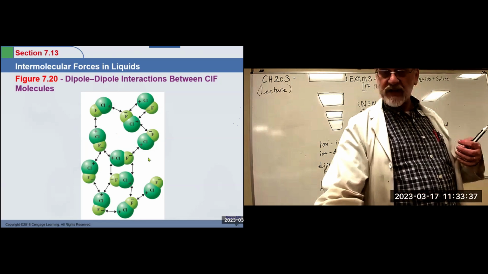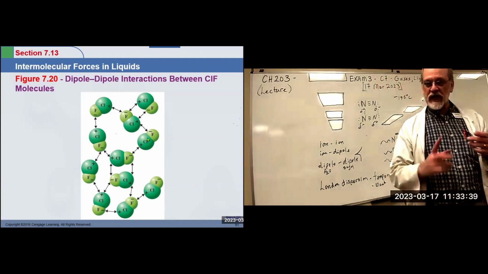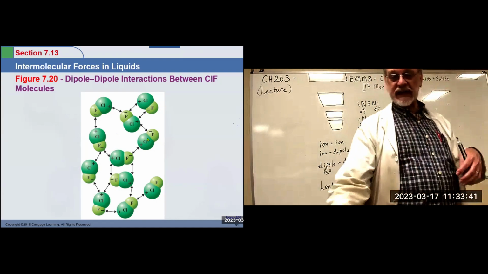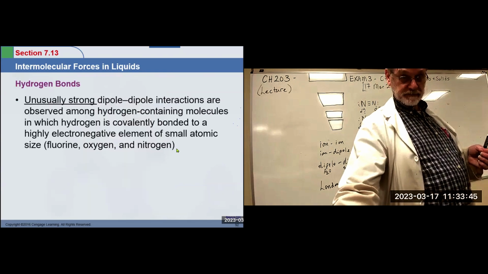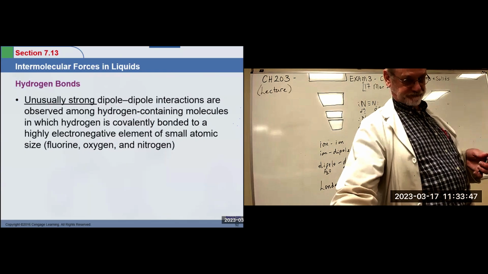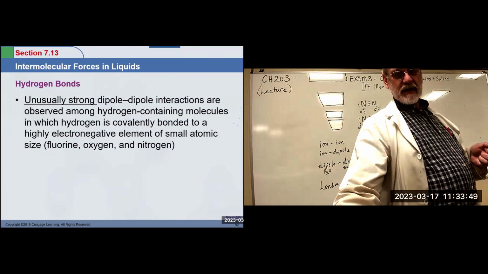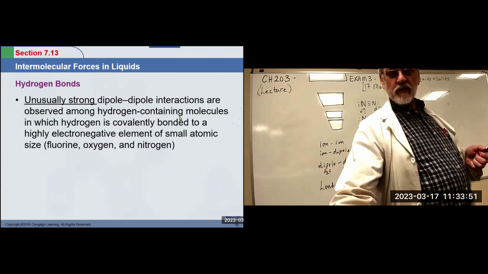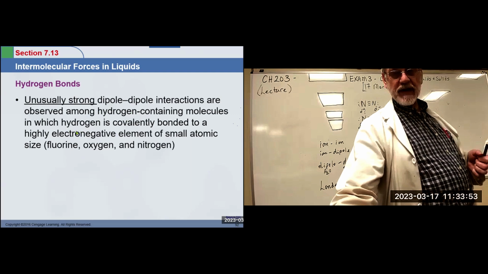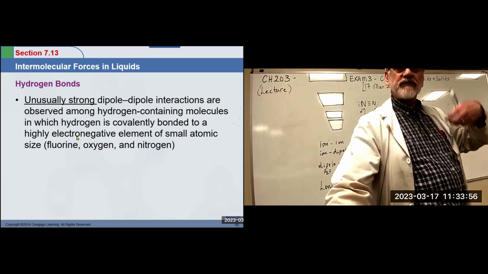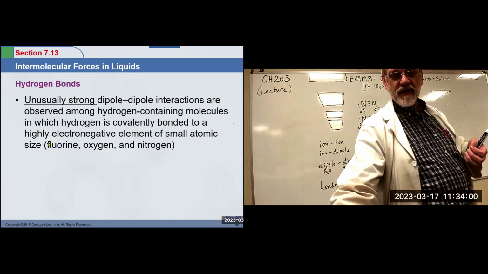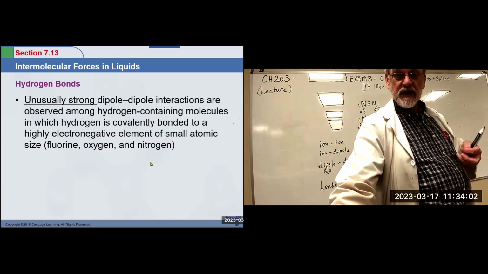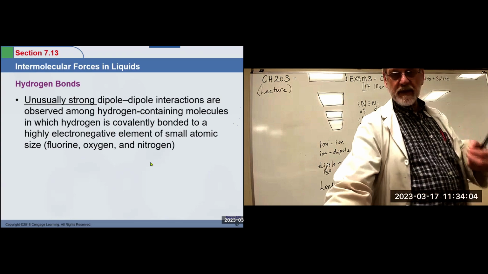And then the orientation will give you a dipole-dipole bonding, an intermolecular force. This reiterates what I said about hydrogen bonds. It's a type of dipole-dipole, but it requires that you have either fluorine, oxygen, or nitrogen attached to a hydrogen.